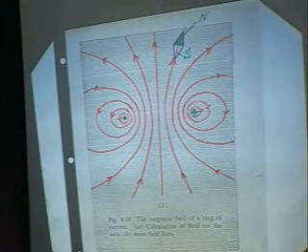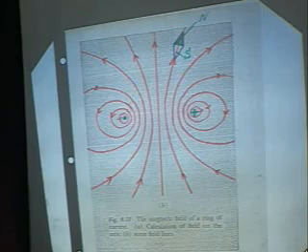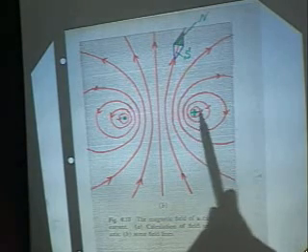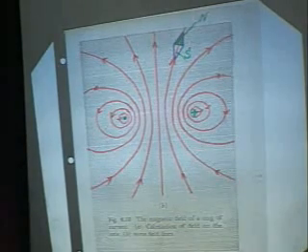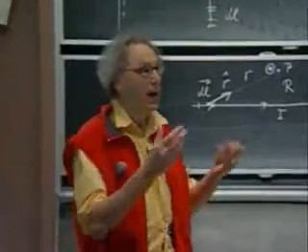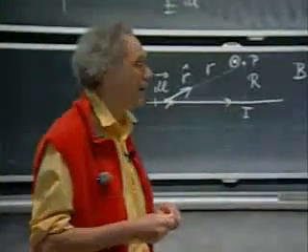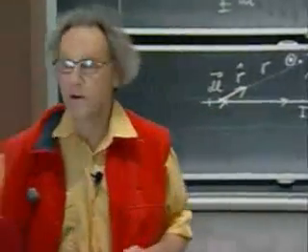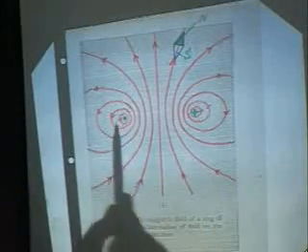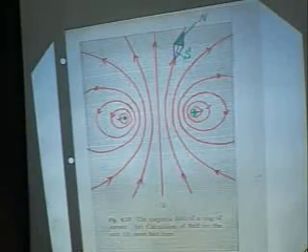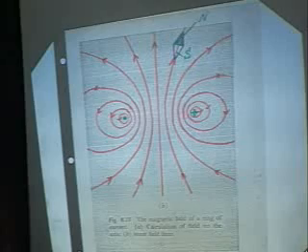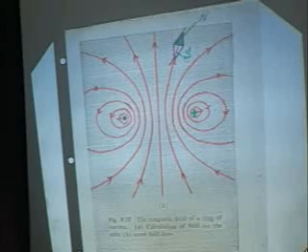It's not too different from what I have on the blackboard there. Very close to the wires, of course, you get circles, because the 1 over r dominates there. You're so close to the wire that the 1 over r relationship makes it come out like circles, and here too. But then, if you're farther away, you get configurations like I have there.